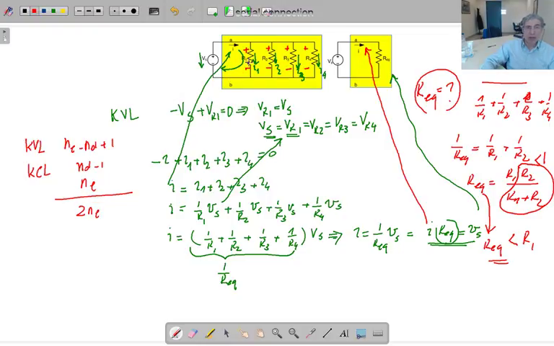Now I am saying if there are two resistors connected in parallel, if you replace them with the equivalent resistor, then one of the meshes disappears. That means one of the Kirchhoff voltage law equations that you're going to write is not going to be seen when you replace it with the equivalent resistor.